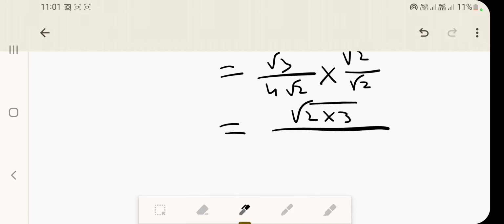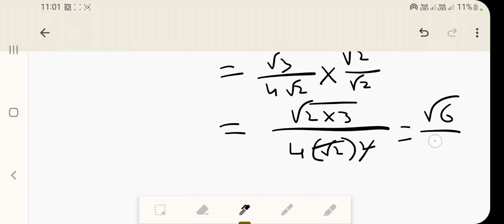We get root 2 into 3, 6 it becomes. Now in the denominator we have 4 into root 2, we get root 2 square. Now this square and square root will get cancelled. In the numerator we have root 6, in the denominator we have 4. Okay, this is the answer.